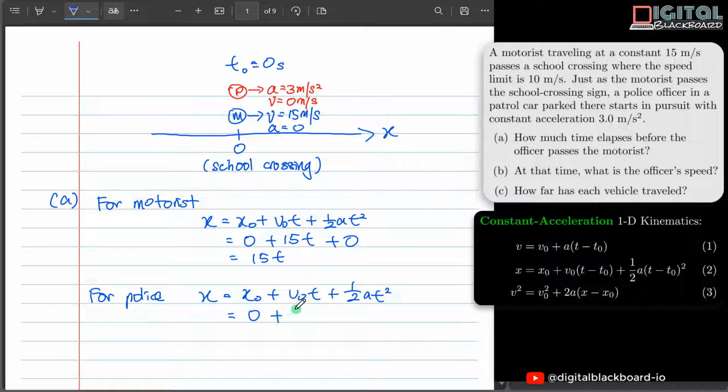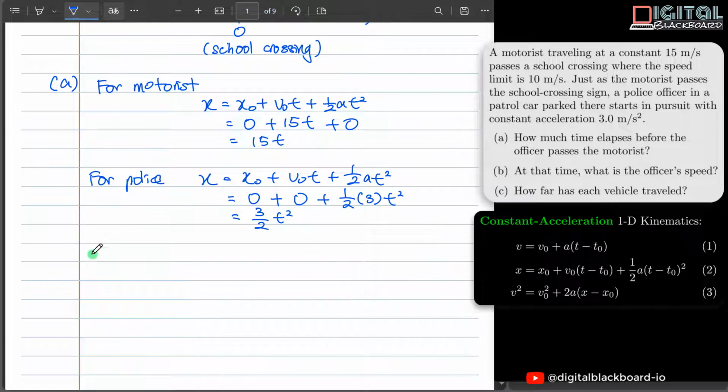And he started from rest, so v naught is 0. But he has a constant acceleration of 3 meters per second squared. So we end up with 3 over 2 t squared.